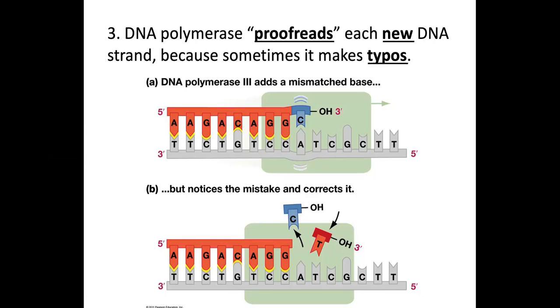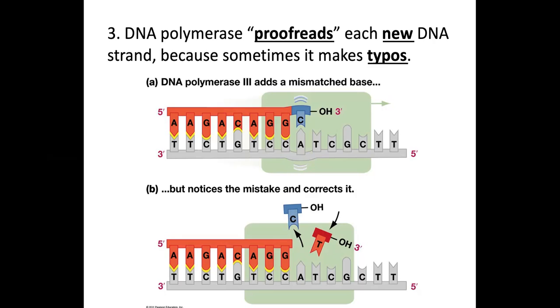So DNA polymerase comes back through and checks for errors, for mistakes, for typos. A lot of times when DNA is being replicated, there is an error, so the polymerase comes back through to check for those errors so that they can be fixed.